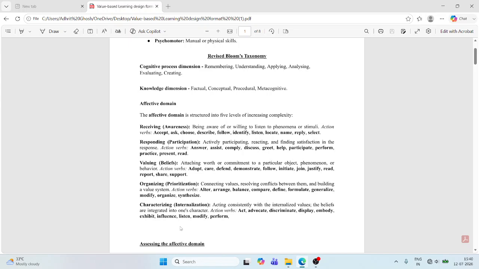And then you have characterizing. Characterizing is where the individual internalizes whatever values are being inculcated. So, the beliefs that are integrated into one's character mostly comprise this characterizing level. So, these are mainly the 5 levels.